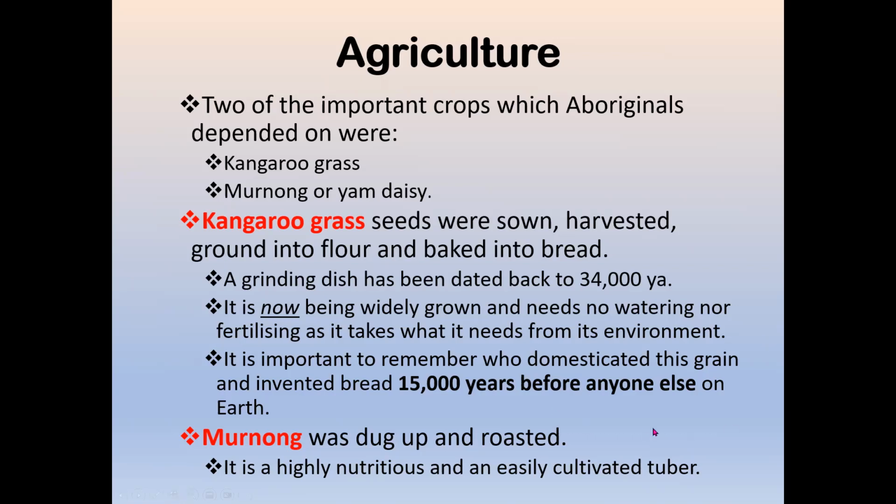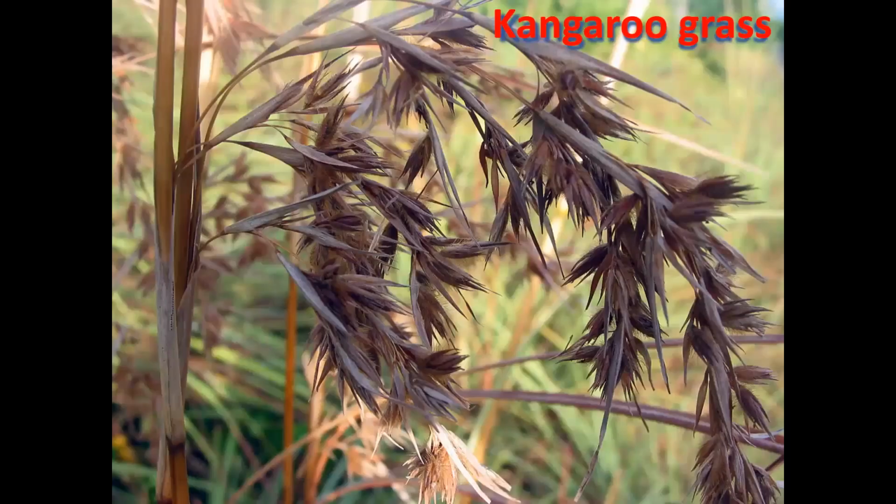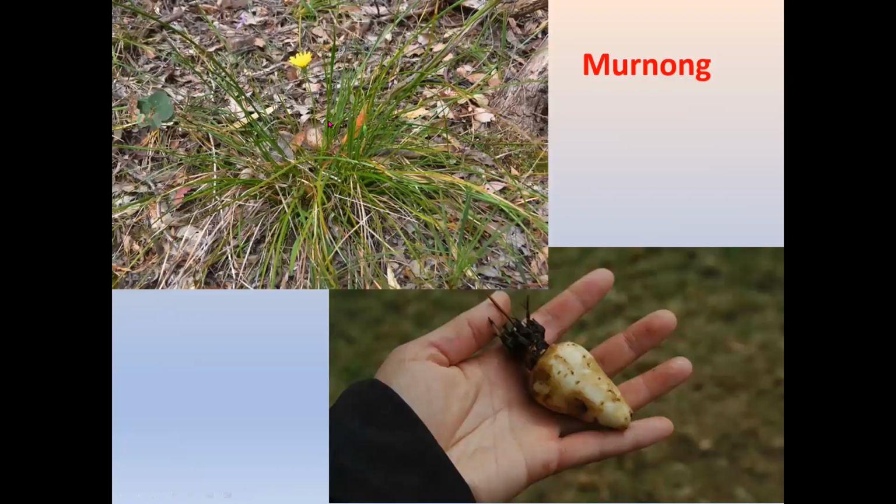Now, murnong is like a potato and very nutritious, and they cultivated it. So this is what kangaroo grass looks like. When you touch it, the seeds fall off. This is murnong. It looks like that. They can see that.